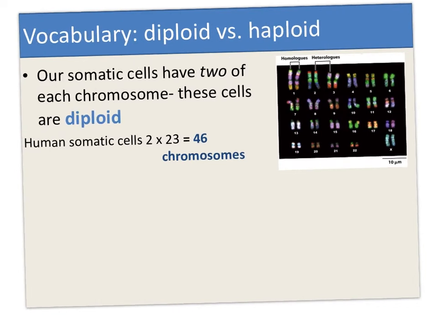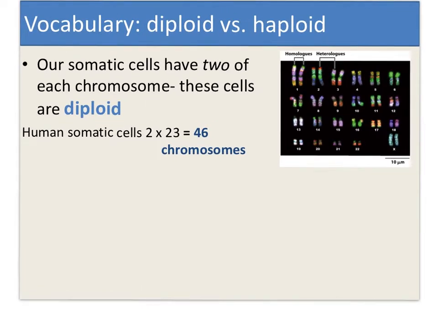Okay, vocabulary. Diploid means you've got a cell with homologous pairs of chromosomes, one from mom, one from dad. You can see that from the karyotype. Each chromosome, there's two of them.